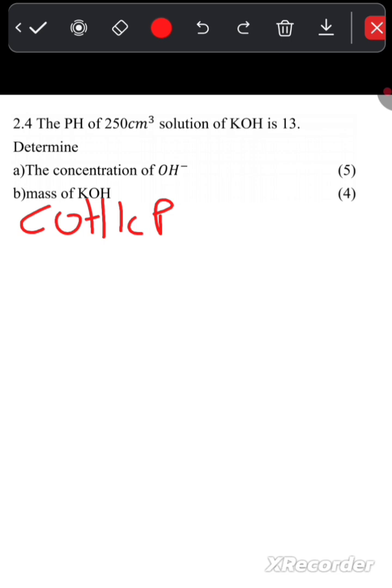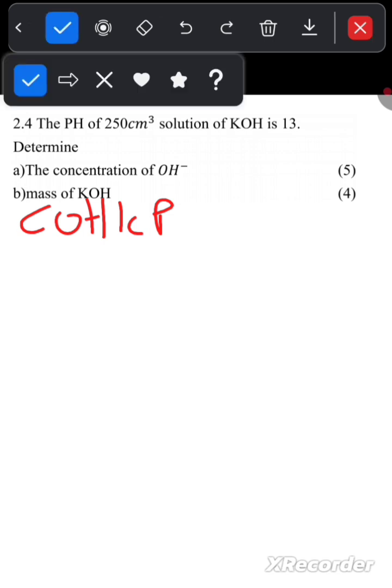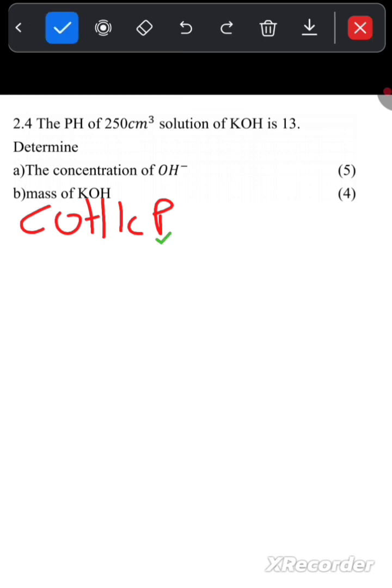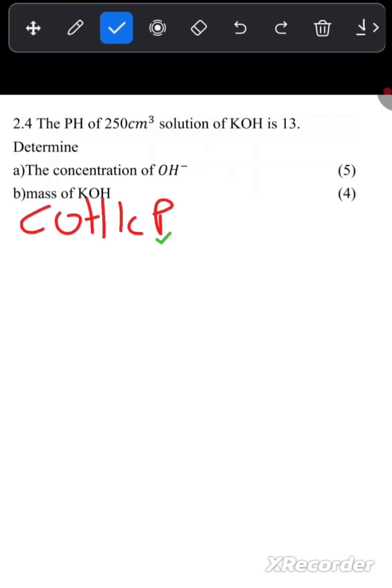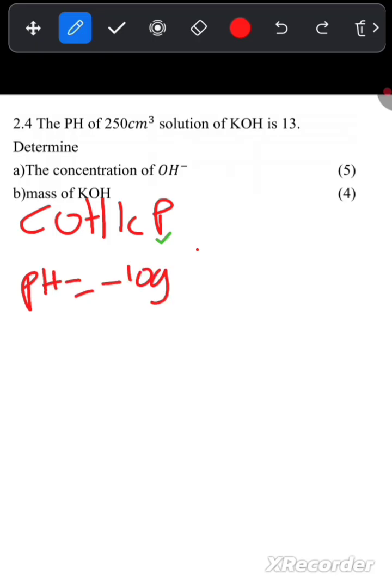Okay. What do I have? I have pH already. Now I go and use the pH formula. Take my pH formula. pH is equal to negative log concentration of hydronium ions. Take your pH formula.